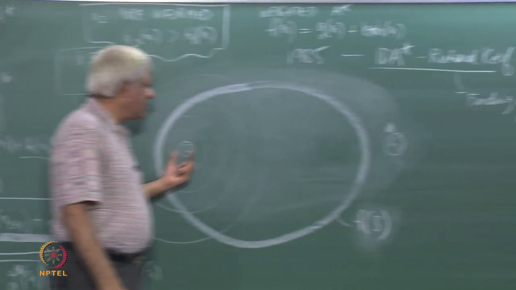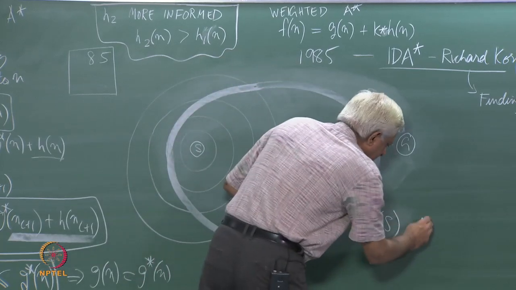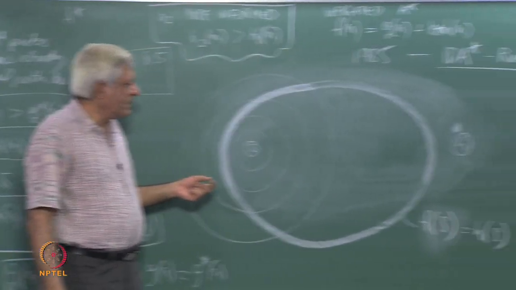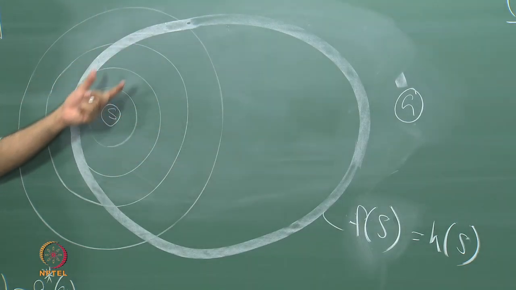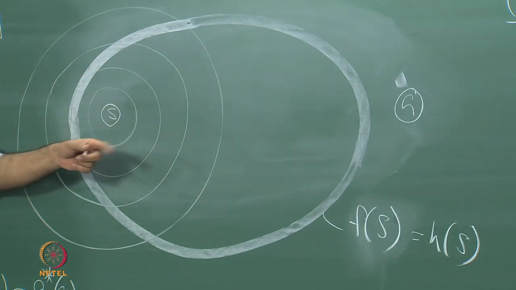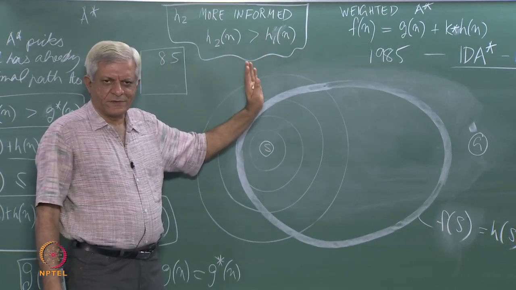That is the estimated cost from start to goal, which is equal to h of s incidentally, because g of s is 0. So, these are the nodes whose f value is equal to that value h of s, and nodes inside have lesser value and nodes outside have greater value essentially.